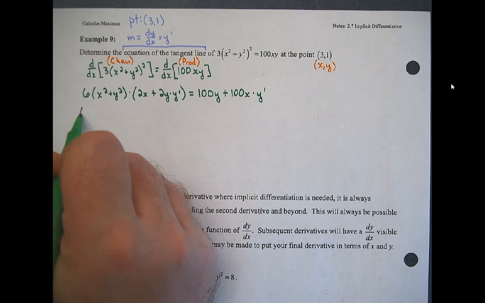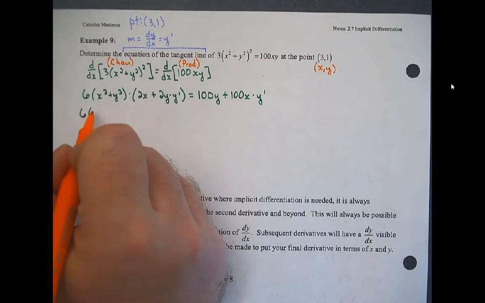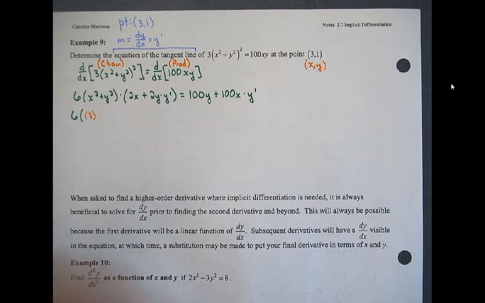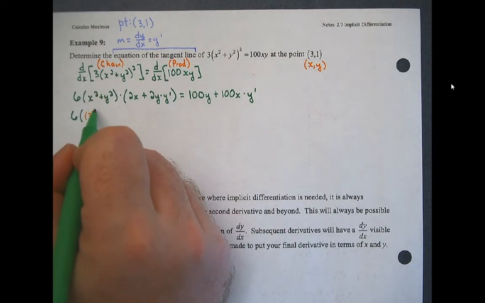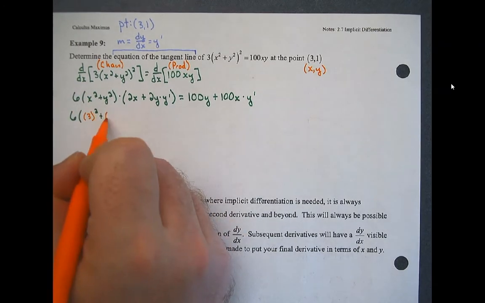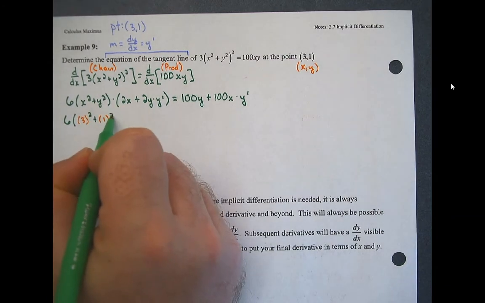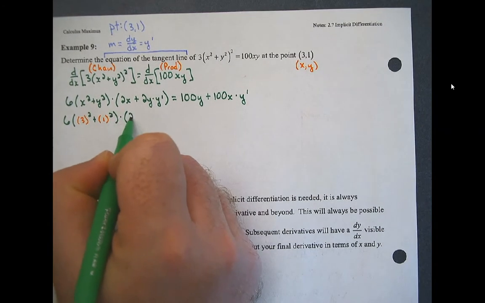So we've got 6 times 3 squared. Now I'm doing this for my notes, so I'm showing every single step. If you want to, as you're plugging things in, do 3 squared and write 9, I'm totally fine with that.